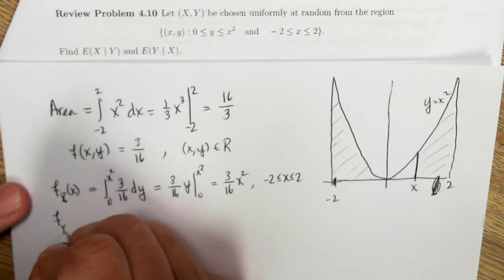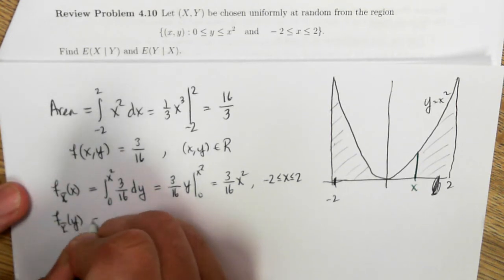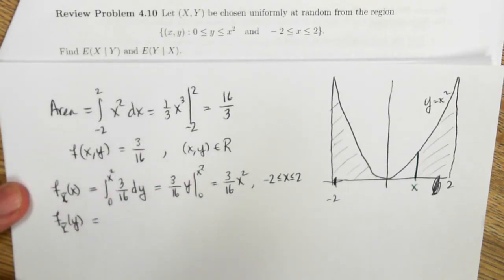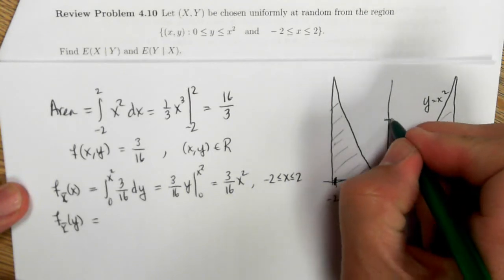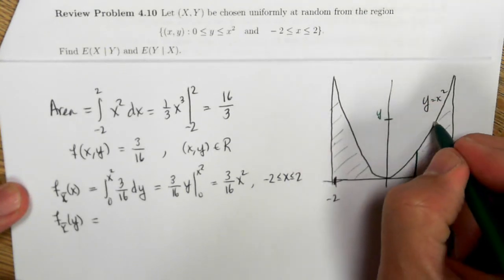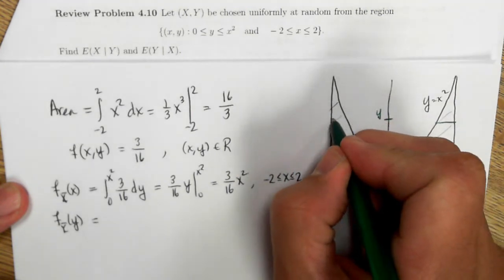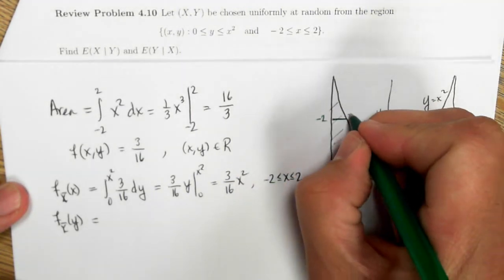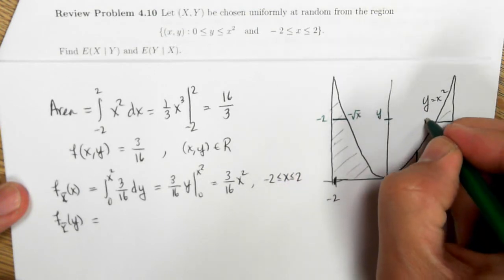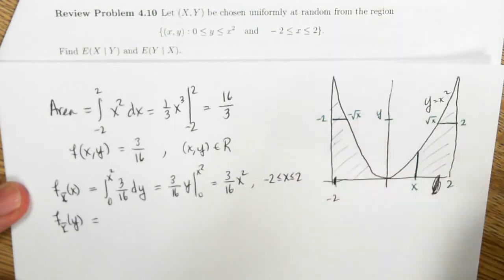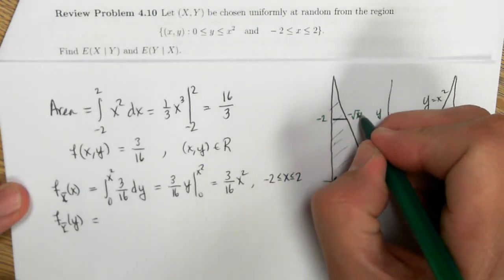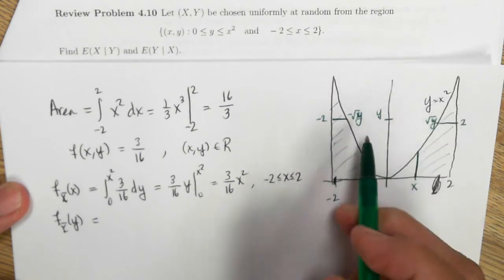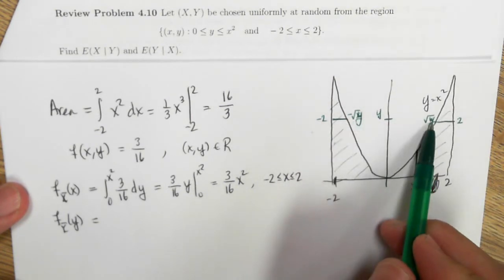To get the marginal density for y, we fix a value of y, and then we integrate over the possible values of x, which are on the right side and on the left side. So this side goes from -2 to negative square root of y, and this side goes from square root of y to 2.